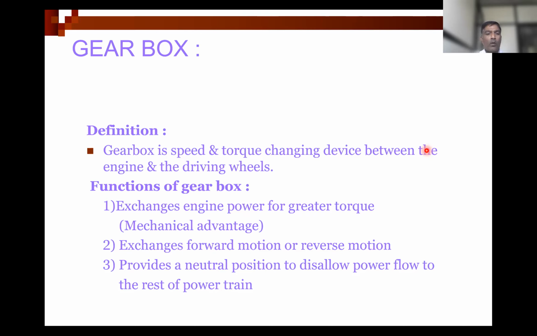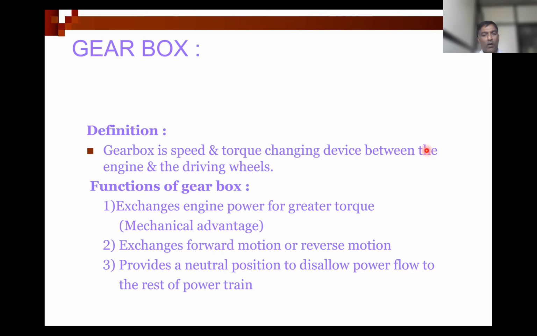So what are the functions of the gearbox? First function is to exchange engine power to get greater torque. The engine is running at 5,000 to 6,000 RPM, which is a higher speed, and that will not have that much torque.